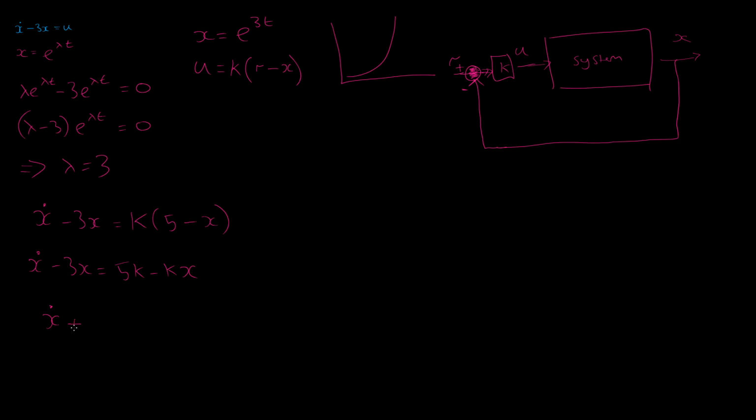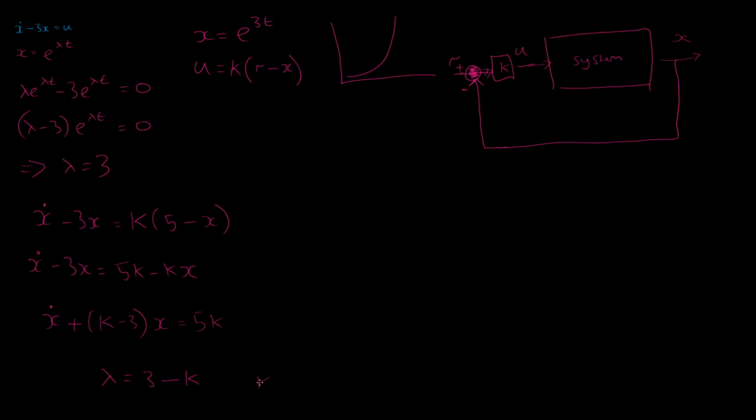Plus k minus 3x equals 5k. And if we were to get the eigenvalues of this system, you would see it is equal to 3 minus k. And if k is equal to 0, lambda is 3, and it's still positive.